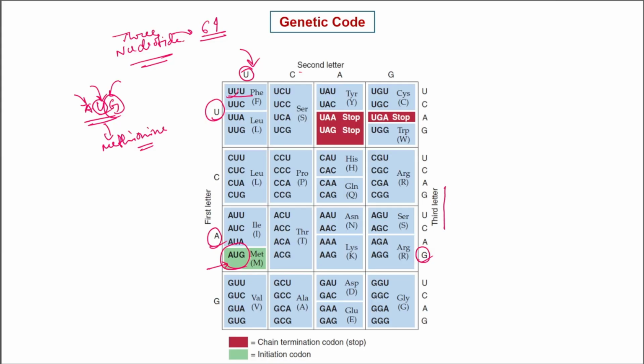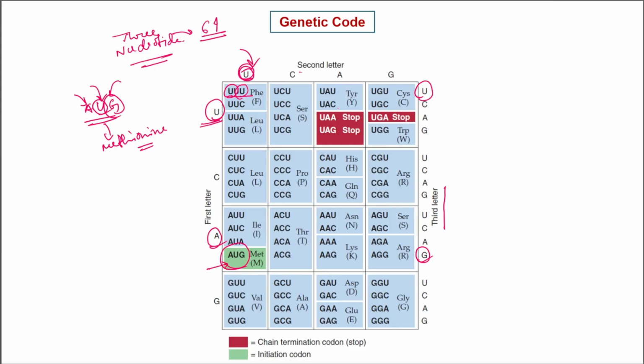So here the first U is the first base of the codon, read from the left side. Next is the second base, that is also U, from the top, and the third base is also U, from the right side. So that's exactly how the genetic code is organized.